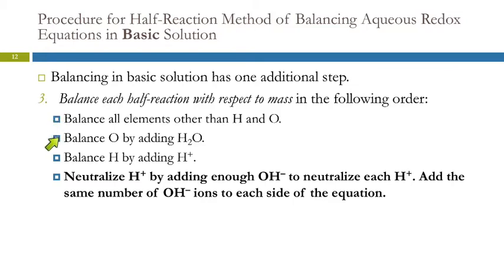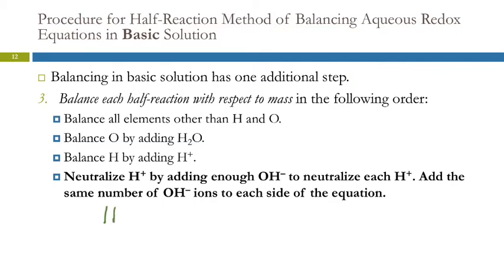You balance the oxygen by adding water. You balance the hydrogen by adding hydrogen ion. And then because it's a basic solution where we have hydroxide ions, we're going to neutralize the hydrogen ions that we put in there by adding the same number of hydroxide ions. And we're going to add that to both sides of the equation, so it's not going to mess up the balancing that we just did.